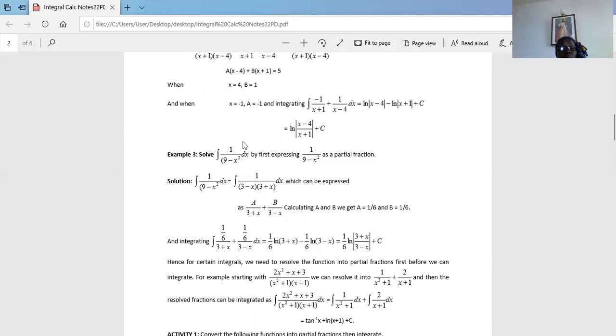So if we have 1 over 9 minus x squared, this is one of the identities that we learned in high school, a squared minus b squared. And we can easily factorize this as 3 minus x into 3 plus x. Then from here, you find the partial fractions, and then you integrate.